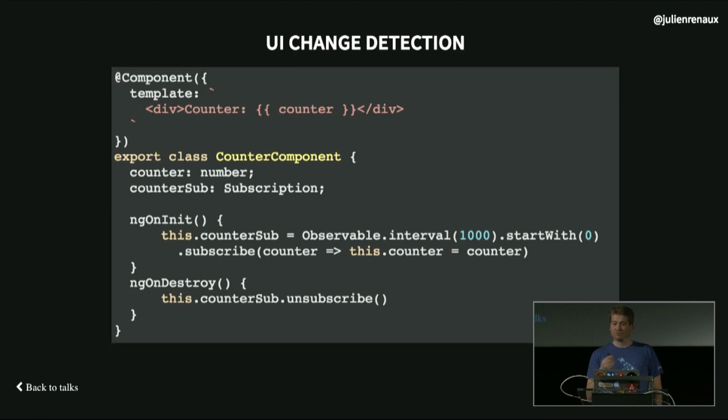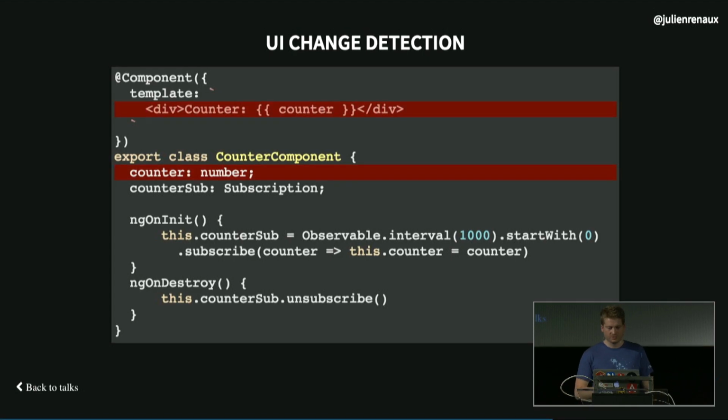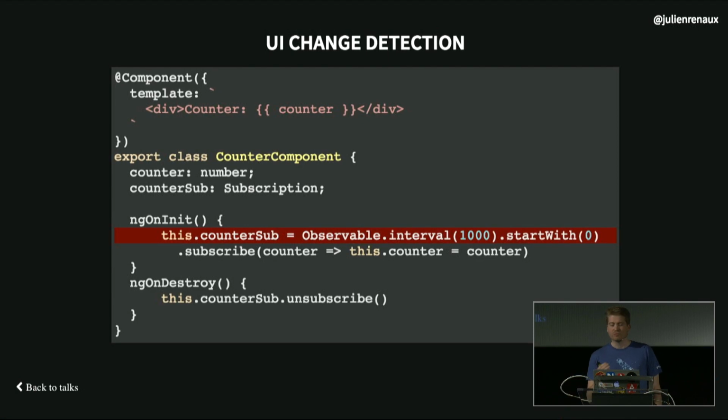If you want more details about change detection, you should check out Zone.js. So first, we want the counter within the template to update every time a change happens in the class, right? To do this, we're going to create an observable that increments a counter by 1 every 1 second.